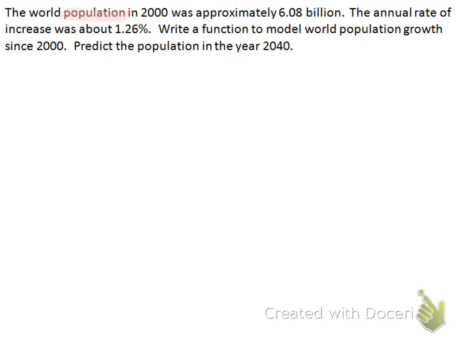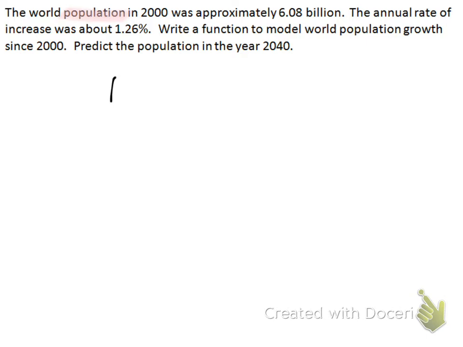Our population is not going to grow in a compound way. But it is similar to the A equals PERT, right? So first up, you need to figure out which equation you're using.